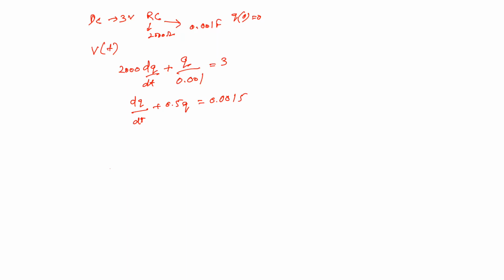In the case of differentiation, you will get s Q(s) minus Q naught, which is equal to 0 in this case, plus 0.5 Q(s) in the S domain, equal to 0.0015 divided by s.